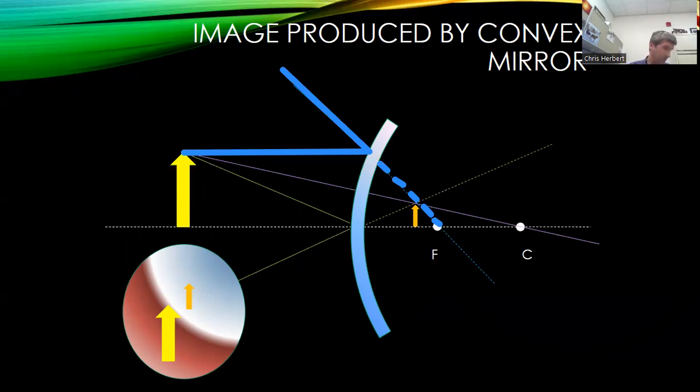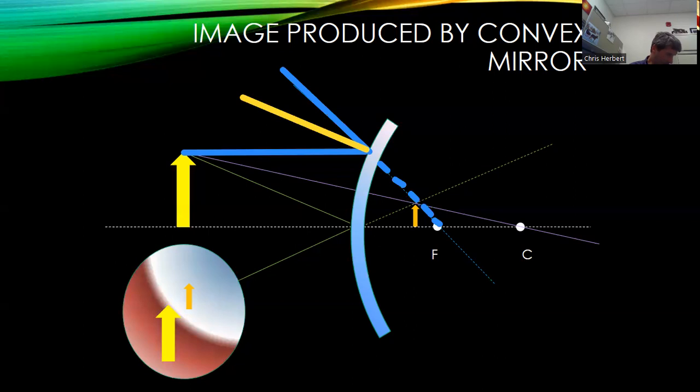Okay, we're still satisfying the law of reflection, because with the law of reflection, the angle of incidence has to be equal to the angle of reflection. So the yellow would represent the normal direction here.